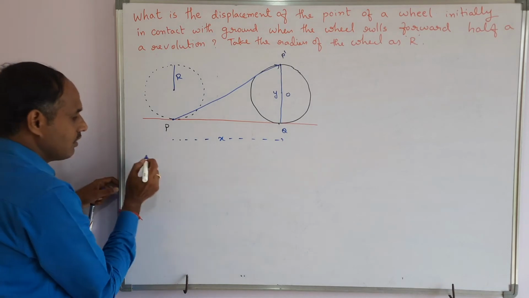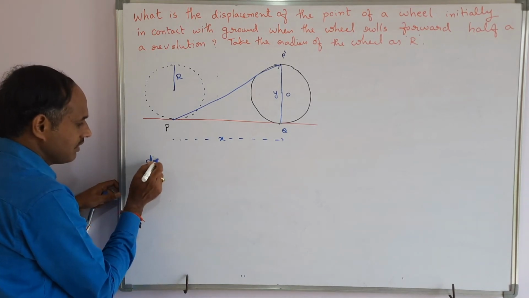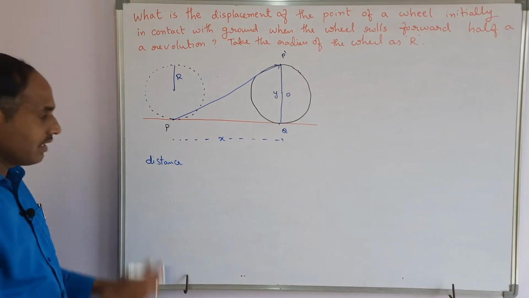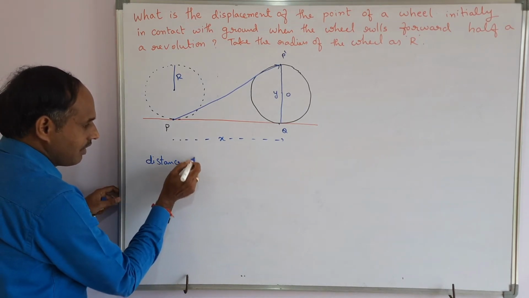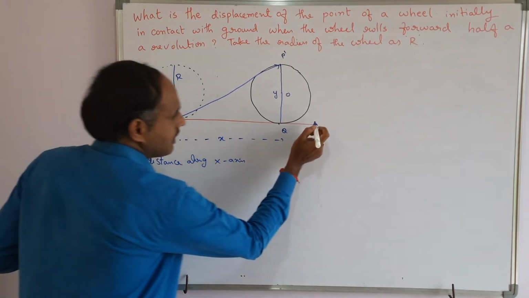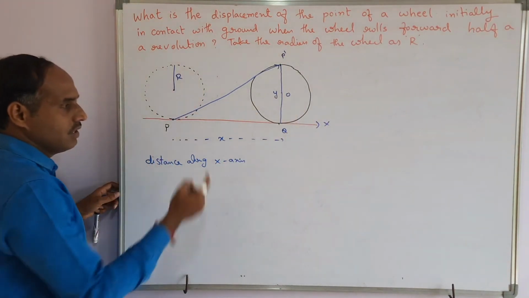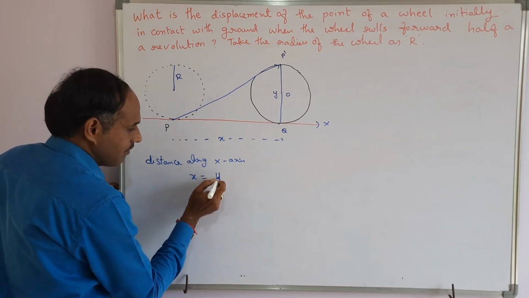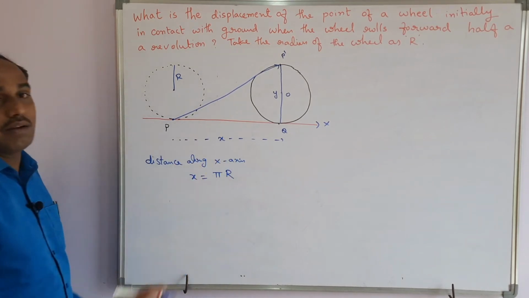So the distance covered at first, the distance x along the x axis, is definitely half the circumference. So x is equal to half the circumference, which is pi r.